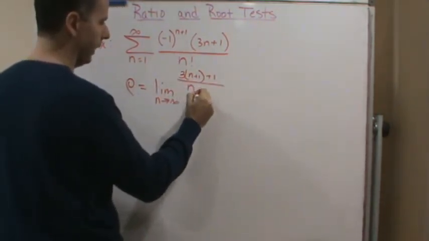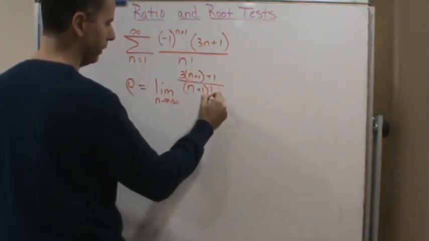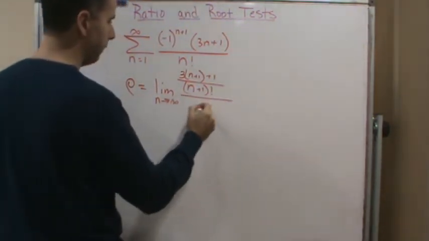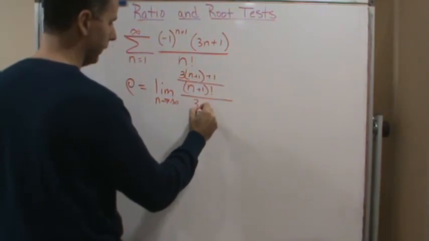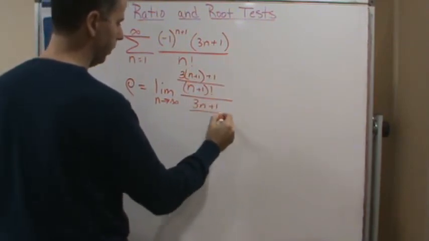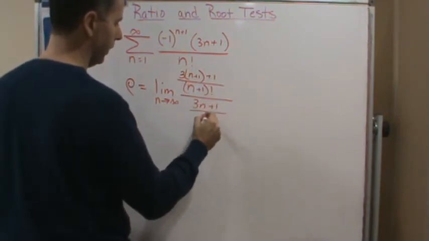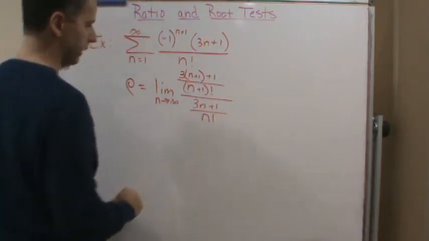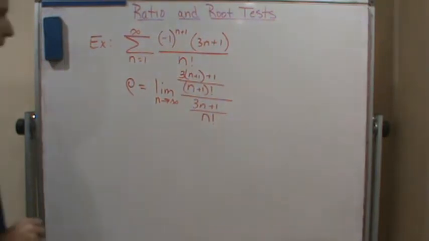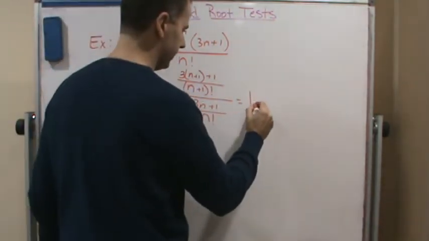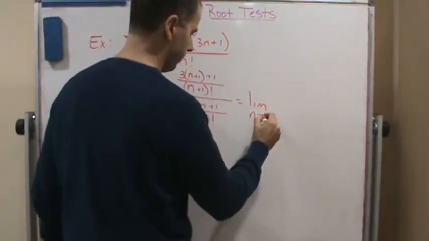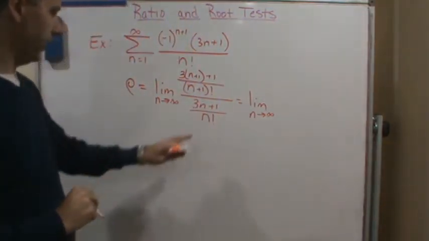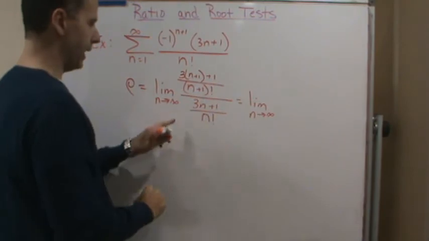over n plus 1 quantity factorial, divided by 3n plus 1 over n factorial. And so now I'm going to write this as the limit as n approaches infinity. And again, I'm going to multiply by the reciprocal of the bottom.